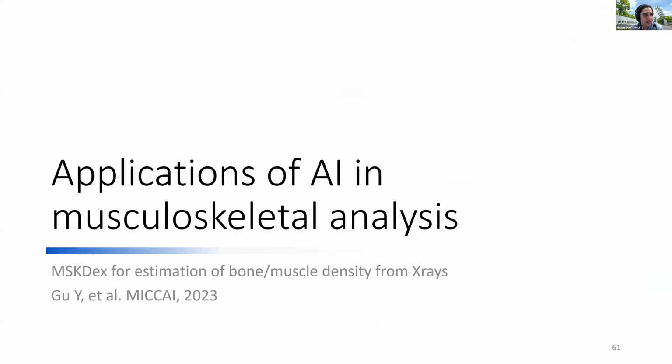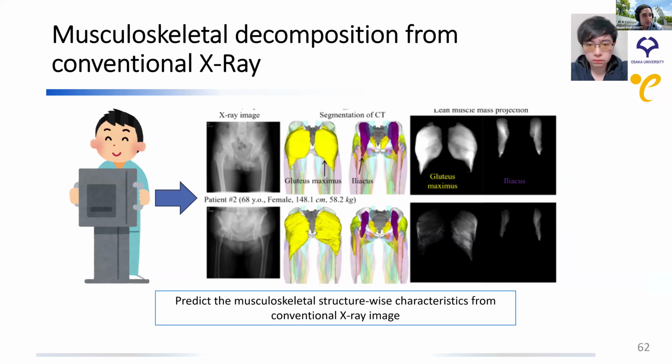The final application in our work is the decomposition of X-ray images into muscle and bone images. I think everyone knows that the conventional modality we use for screening or health checkups is X-ray imaging.